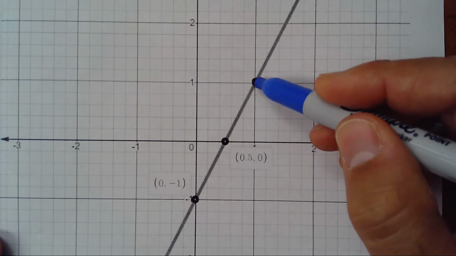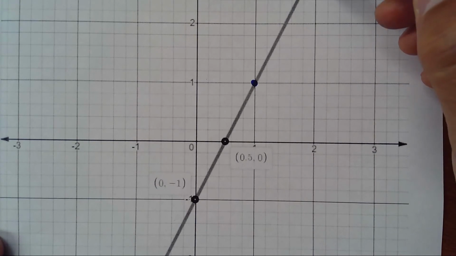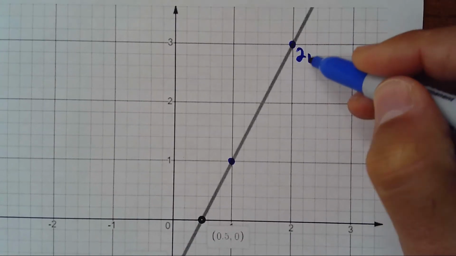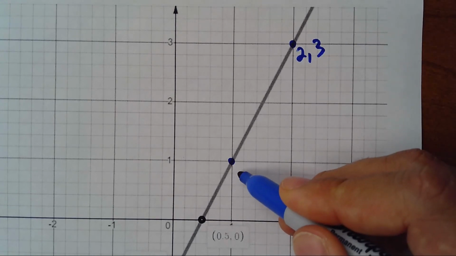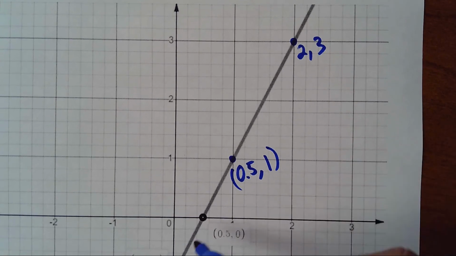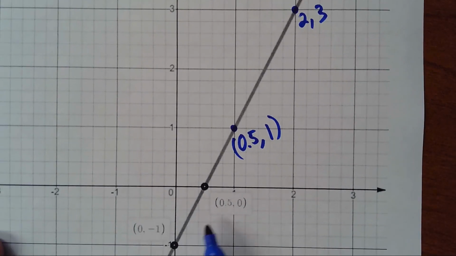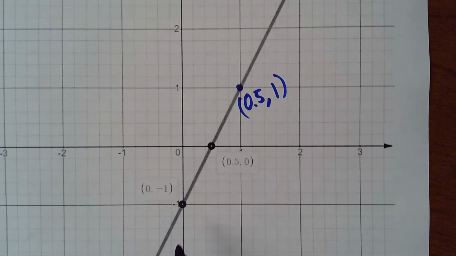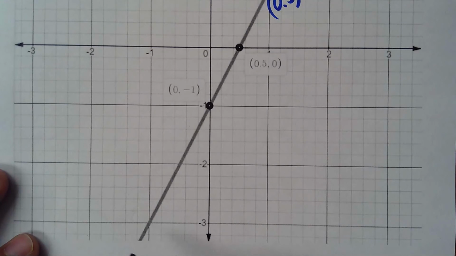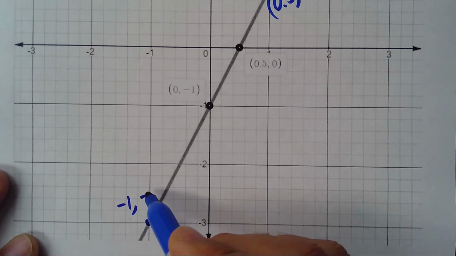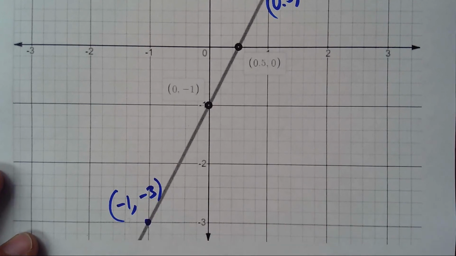So here I see a point, here I see a point, here on top this is 2, 3, this is 0.5, 1. This one here is 0.5, 0, here 0, -1, and I have another one here. I have infinite points, right? -1, -3. So I have this point too.